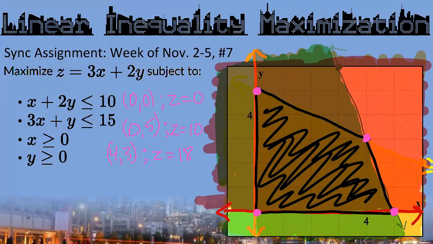And at 5, 0, right down here, when we plug in 5 for x and 0 for y, 3 times 5 is 15, plus 0 is z will equal 15. So the point that maximizes our z value is 4, 3.